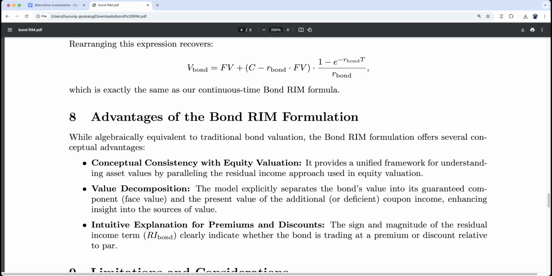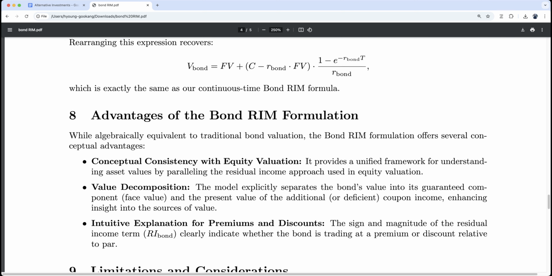Value decomposition: the model explicitly separates bond value into the guaranteed component like a face value and the present value of additional coupon income, enhancing insight into the source of the value. That's why it is so useful in private debt valuation. Intuitive explanation for premium and discount: the sign and magnitude of the residual income term RI_bond clearly indicate whether the bond is trading at a premium or discount relative to par.